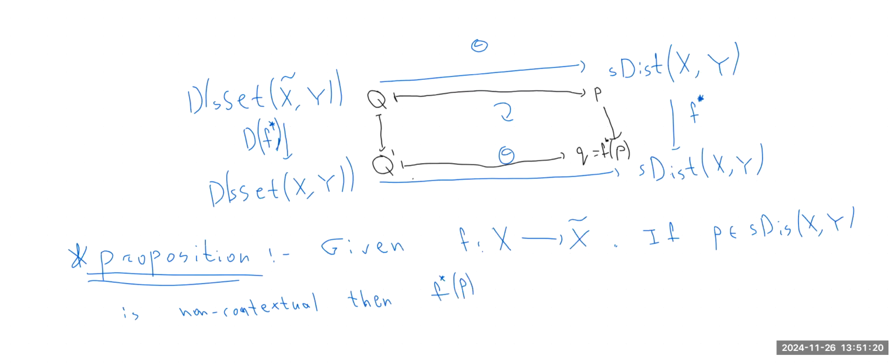So this one pushed forward by f is this distribution that is here in x tilde. This one is also non-contextual. So this is a property we have.